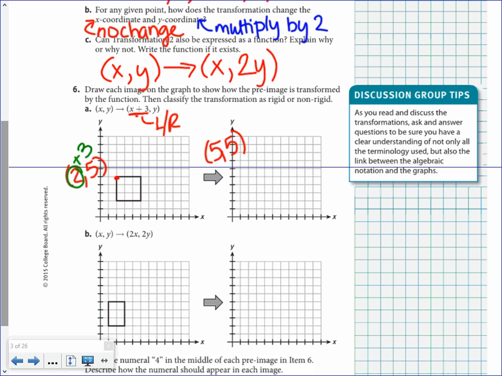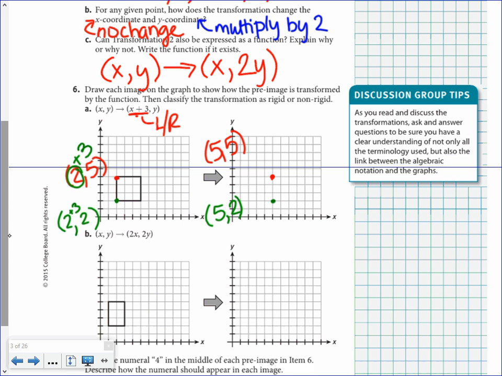And the y isn't changed. So now my top left corner is at 5, 5. Then my bottom left corner that's at 2, 2, I'm again going to add 3 to my x value to make it 5, and my y value stays as 2. So that's where the bottom left corner would get mapped to.